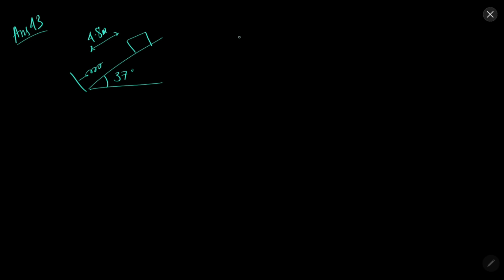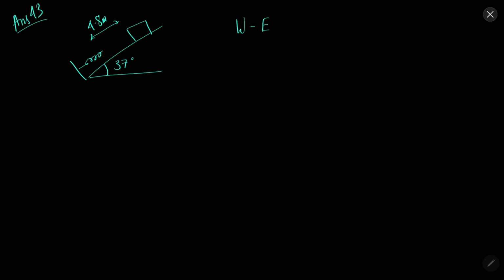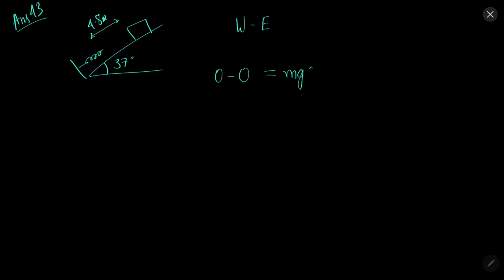So applying the work energy theorem, initially there is nothing, no potential energy and kinetic energy. Then mg sin 37 degrees into 5 plus mu R into 5 minus half kx square.